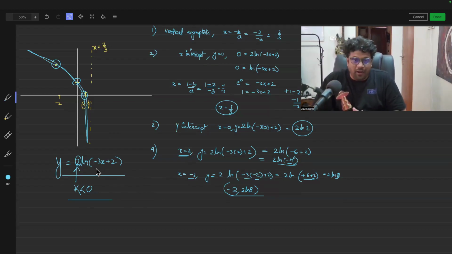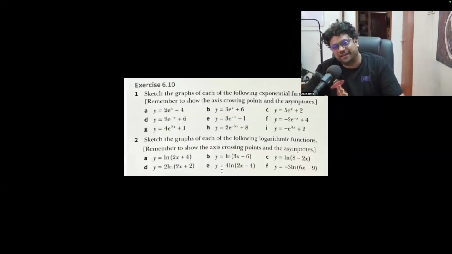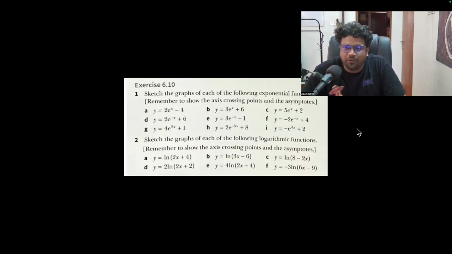What I do now is I give you some questions, you try them out for exponential and logarithmic sketching and come back to me. Tell me if they don't make sense. These are the questions that I would like you to try. I would like you to go especially for this one, a regular kind where all three of them are positive.